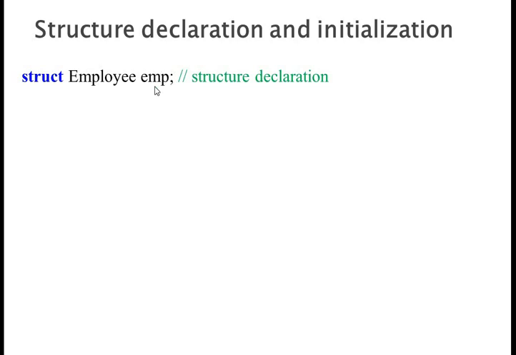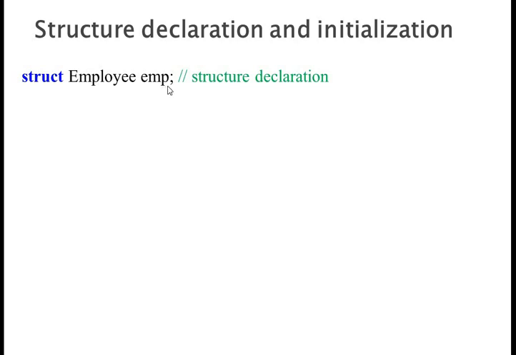Just compare this with a normal variable declaration. What you write, for example, int A, char B, char name, just like that. At that time you are just writing the name of your variable and what type it is. Okay, so it is the same over here.